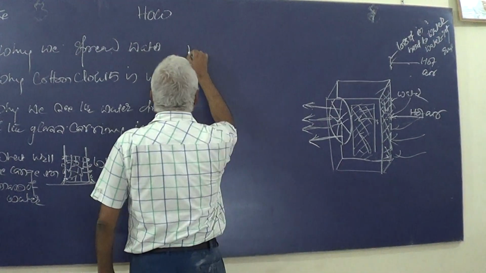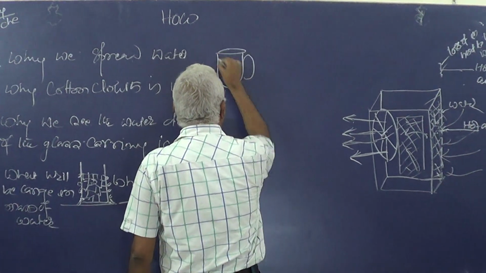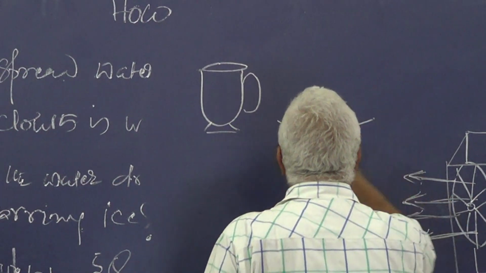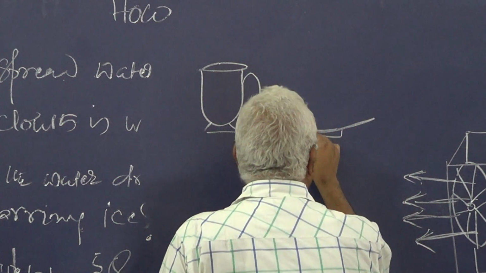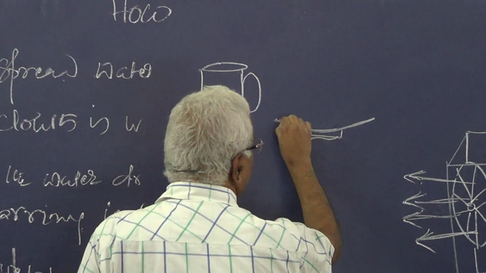Why? Come to the board, I am explaining. Children, it is a cup of tea. Here it becomes cool.